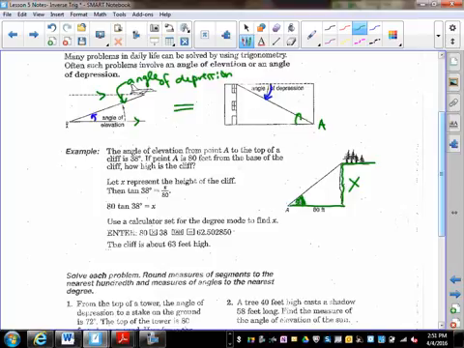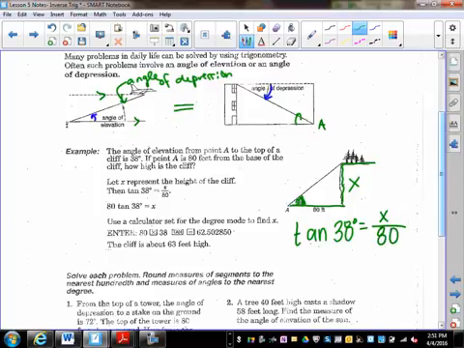Okay. So you've already been doing problems with this, they just didn't use that terminology of elevation and depression. So here we see that from 38 degrees, we have our opposite side and our adjacent. So that means I would use tangent. Tangent of 38 degrees is equal to my opposite side, x, over my adjacent side, 80.